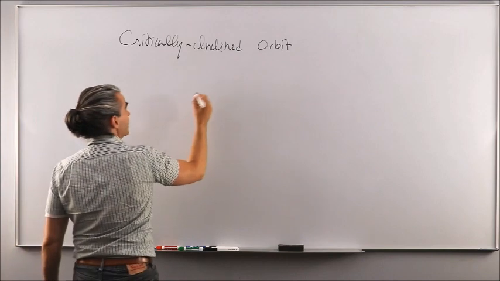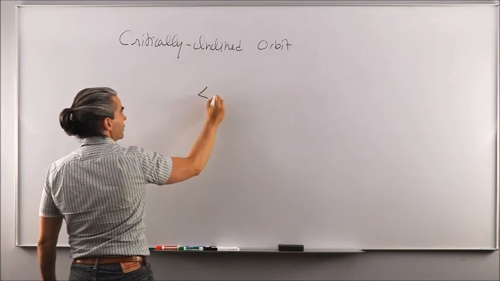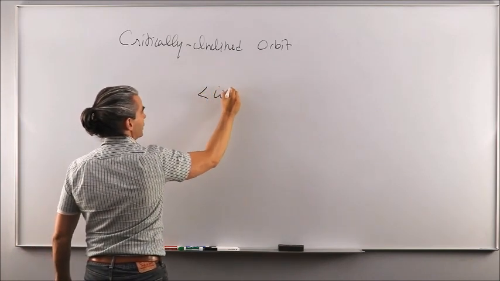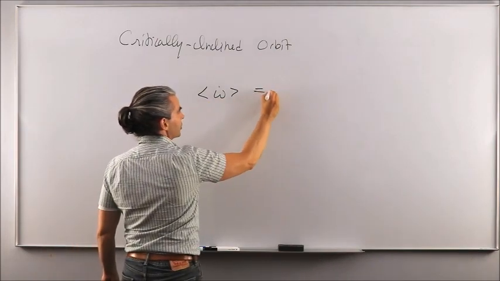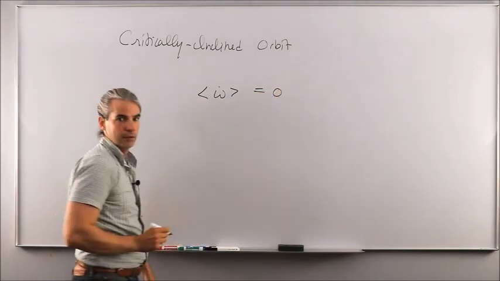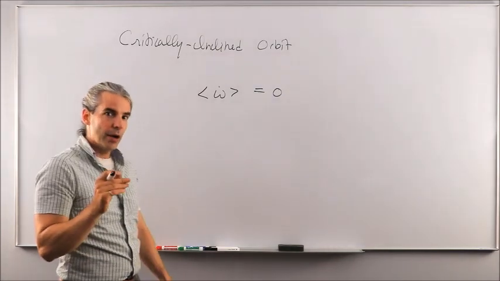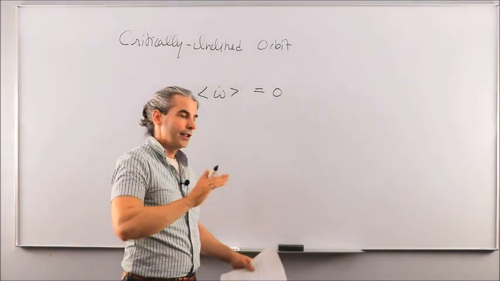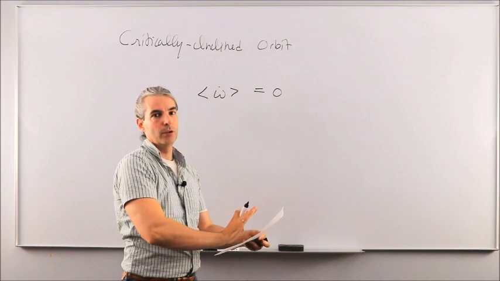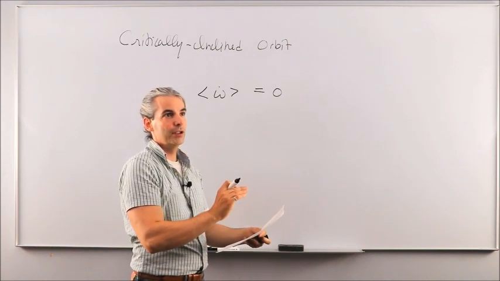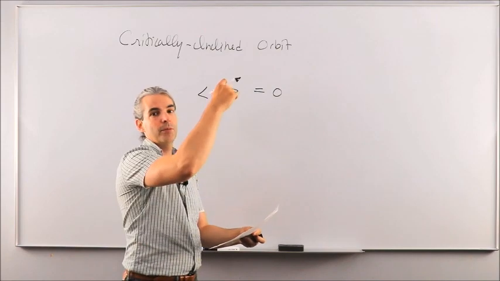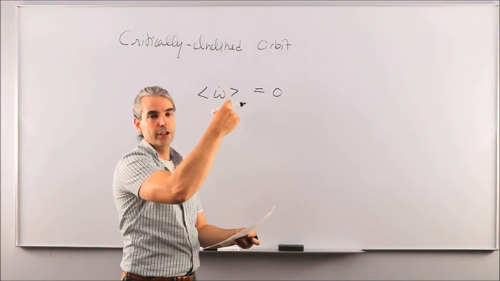So essentially, a critically inclined orbit is an orbit for which the average rate of change in argument of perigee turns out to be zero, such that the perigee is not spinning in the orbital plane. Or if you will, the perigee will always be over the same kind of latitude of the Earth.